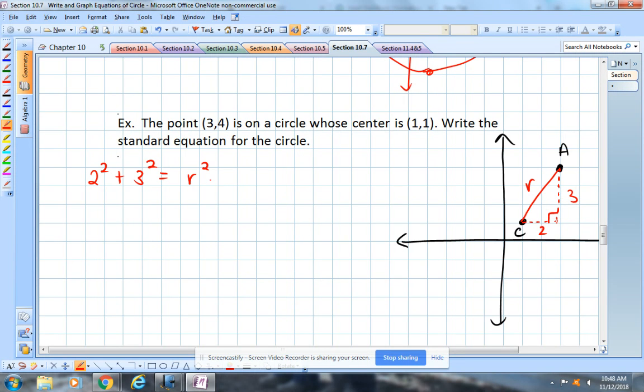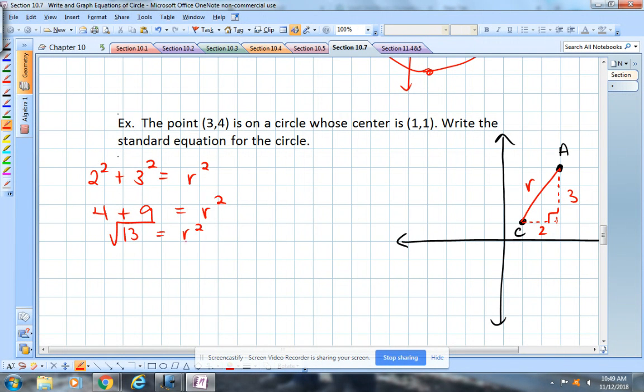And I don't know about you, like I said, you could use distance formula, but I think Pythagorean theorem is a little easier. So what is 2 squared? 4 plus what's 3 squared? 9 equals r squared. What is 4 plus 9? 13 equals r squared.